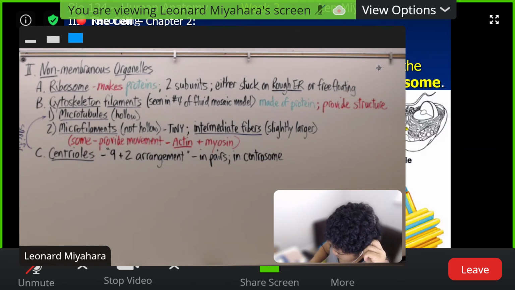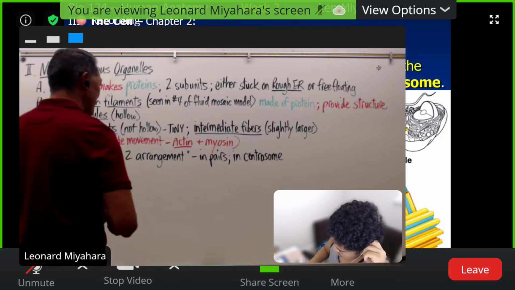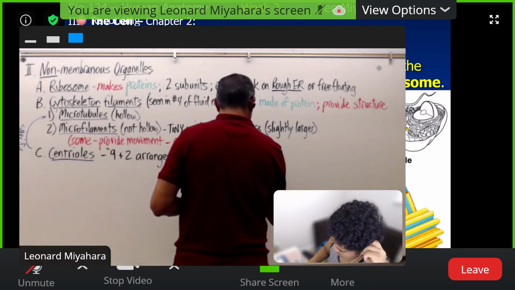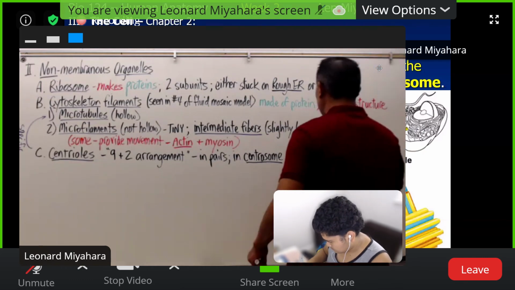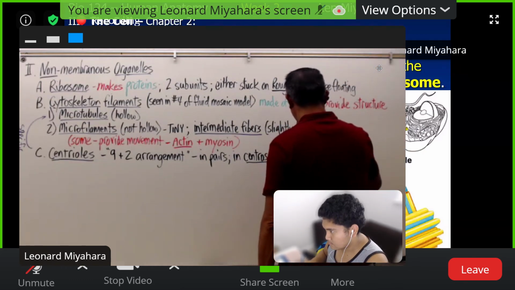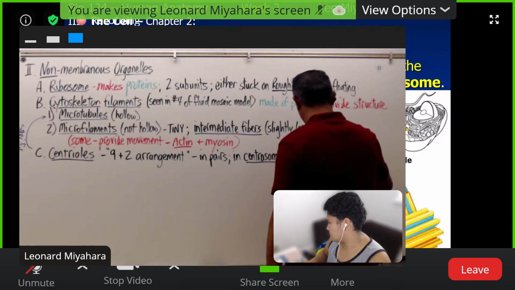It comes in a pair. So the centrosome is just where the pair is found. And this organizes the dividing cell.